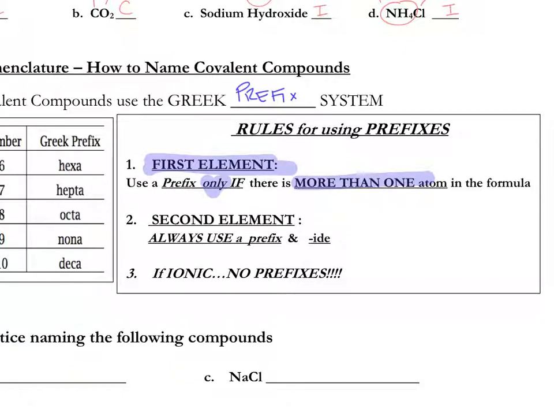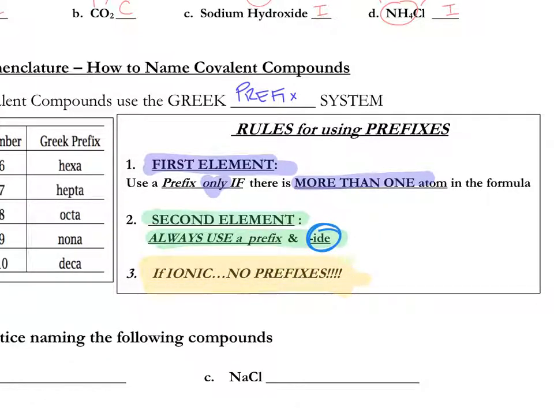Okay, the second rule is for the second element in my compound. And the second element always needs a prefix, and you need to add IDE to the ending of that name. And the last rule is if it is ionic, there are no prefixes.